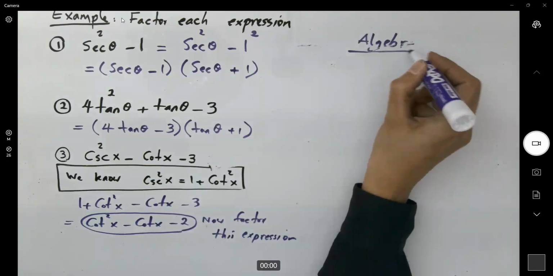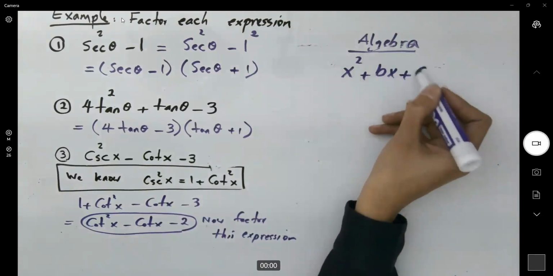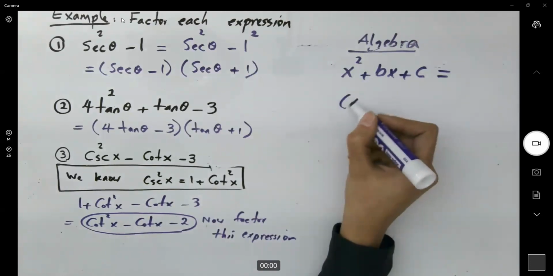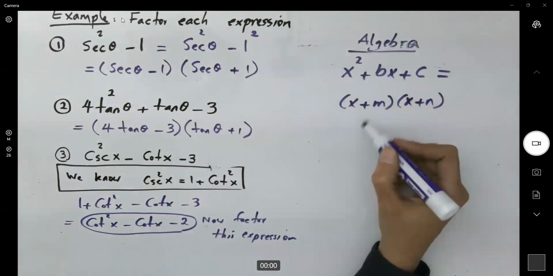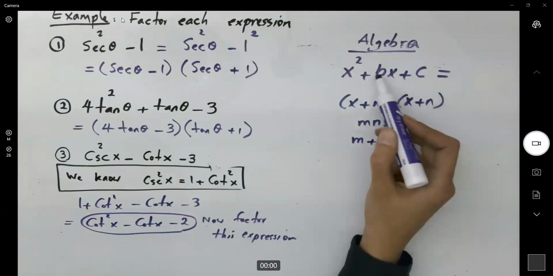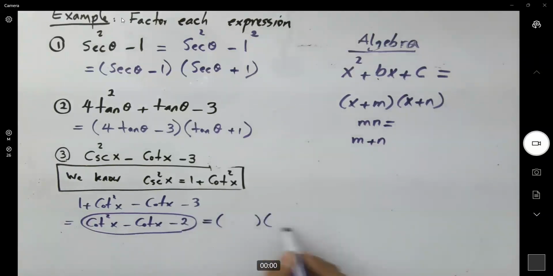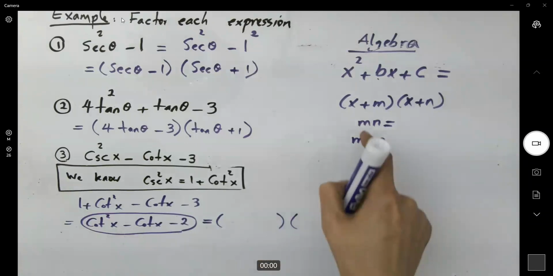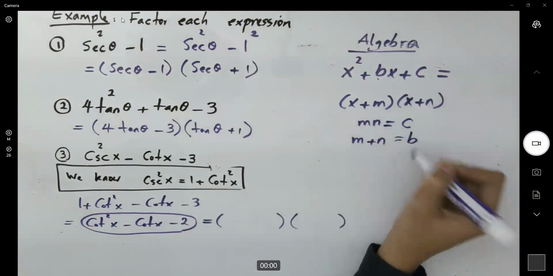From algebra, if you have x squared plus bx plus c, you can break this down as x plus m times x plus n, such that the multiplication of m and n is c and their sum is b. Remember that.